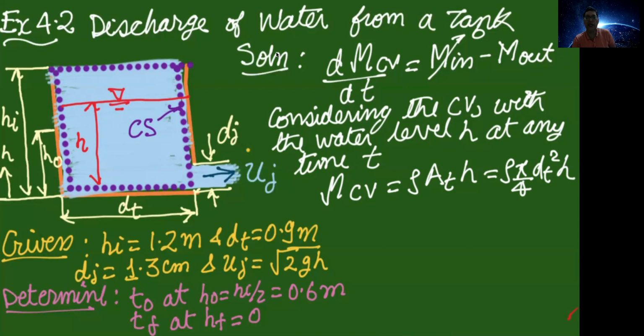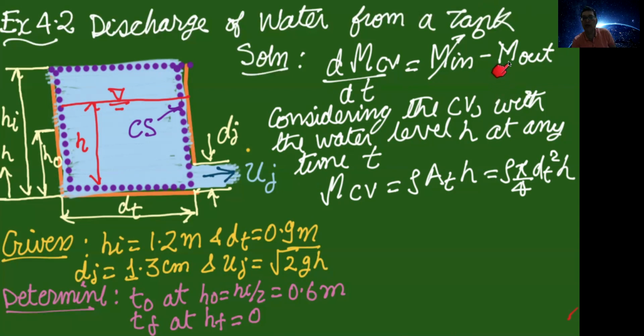Now at this time instant, you are given that the velocity of the jet is under root 2 gh. So first we've obtained this mass of the control volume. The next thing which you have to calculate is the mass flow rate, because we want to calculate this m out, the mass flow rate leaving the control volume.